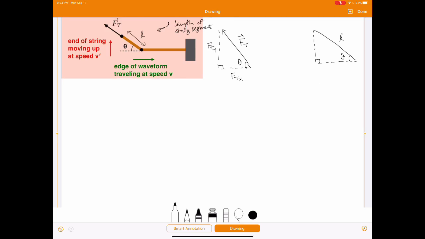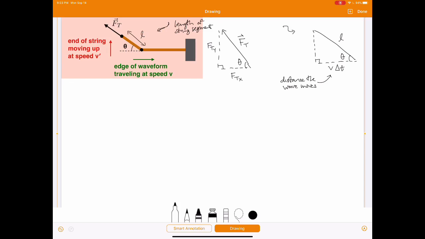So what do we make of this horizontal piece? Well, that would just be the distance that the wave has moved. And if the wave is moving at speed v, if we multiply that by a time, which we'll call delta t, that will give us the distance.